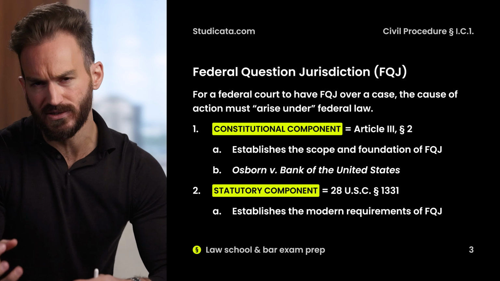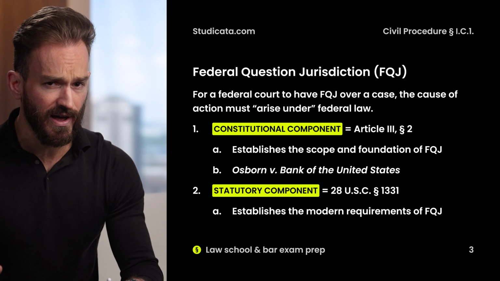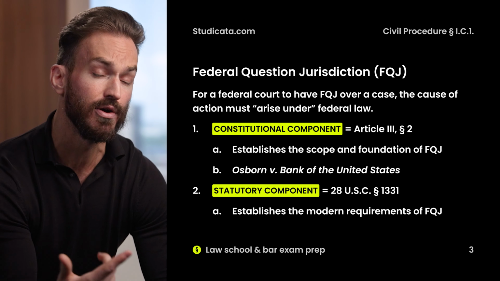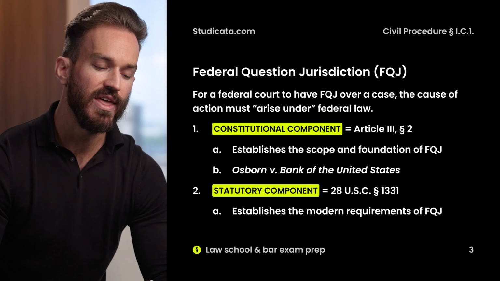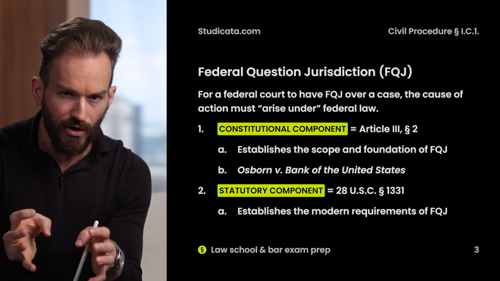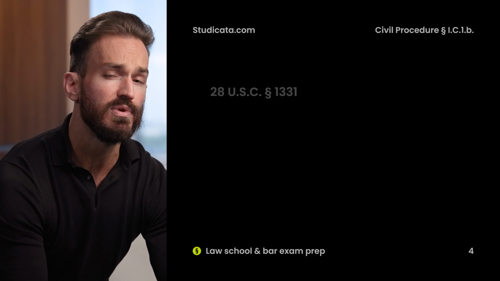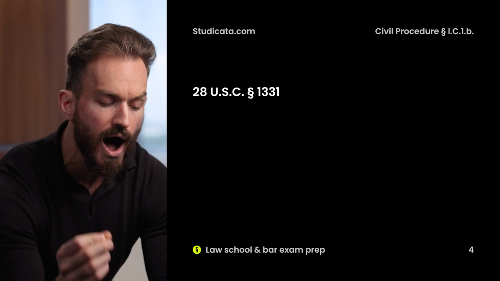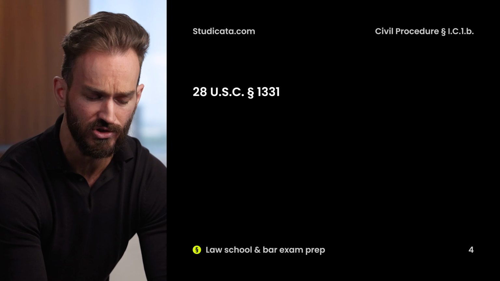Bank of the United States says that if there's state law and federal law, as long as there's a federal law ingredient, the federal court can exercise jurisdiction. Then over time, this broad grant of authority gets narrowed and honed in. Eventually, we get 28 U.S. Code Section 1331.